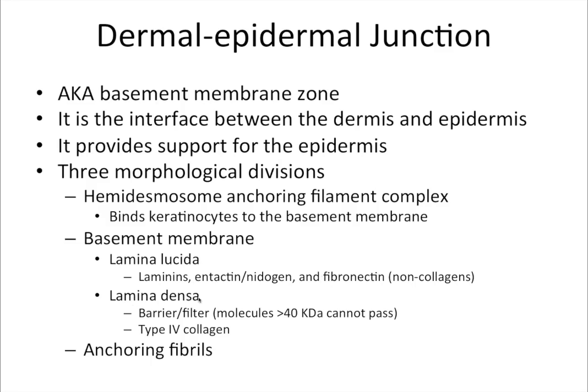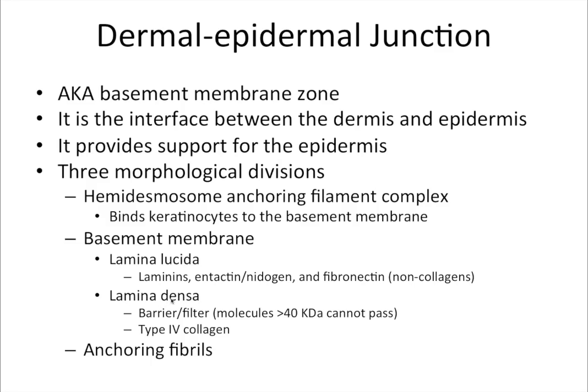When we look at the lamina densa, which is the layer below, lucida and densa, these names come from descriptions that were given to them due to transmission electron microscopy studies. Lucida meant that when they took images of this section of the skin, this part appeared clear, or lucid.